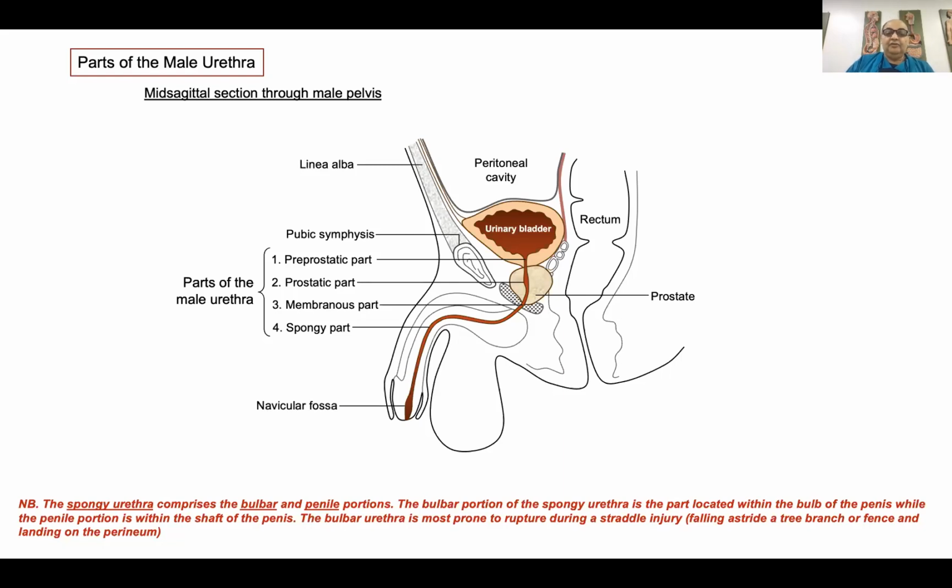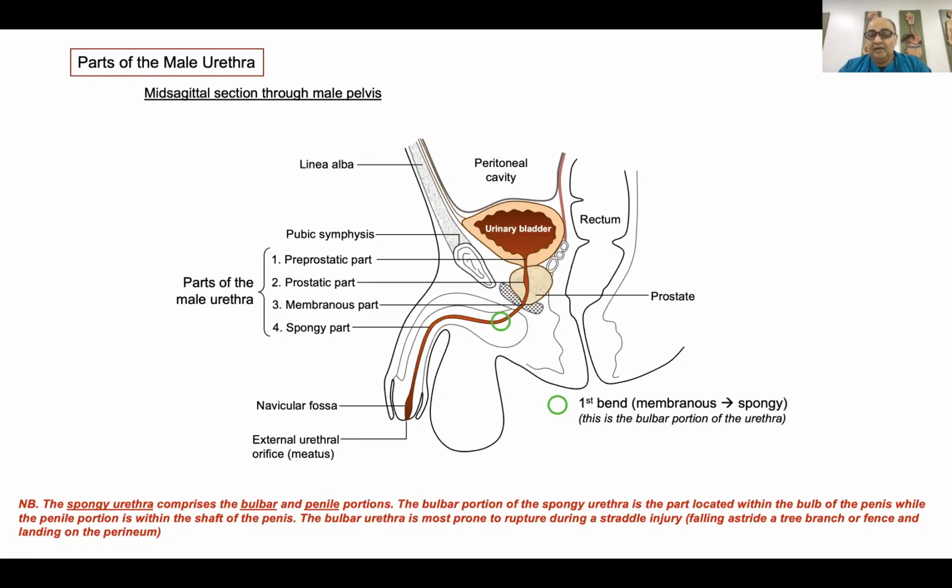But now we need to know more. Navicular fossa, we talked about it. External urethral meatus or orifice, we talked about it. Now, can you see the urethra? When it reaches the place where we call it the bulbar urethra, it shows a bend here, and I put a green circle here. So this green circle is the first bend. And which place?